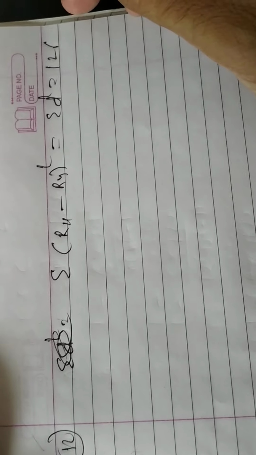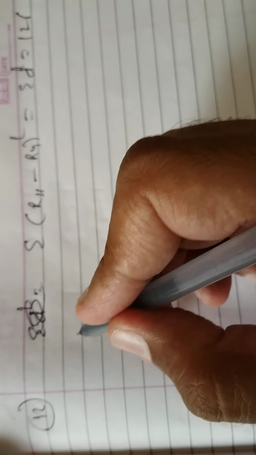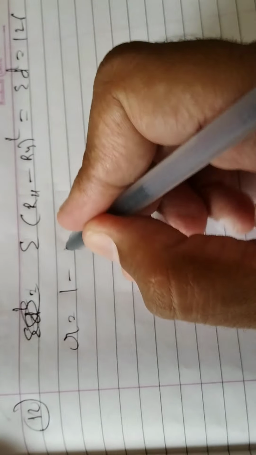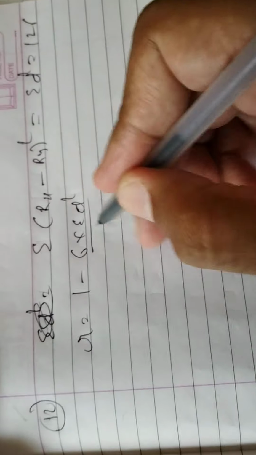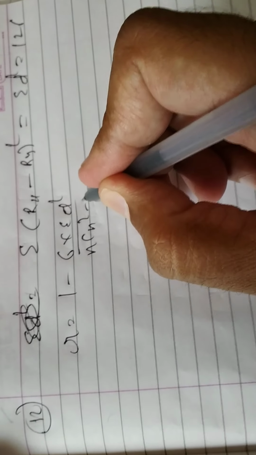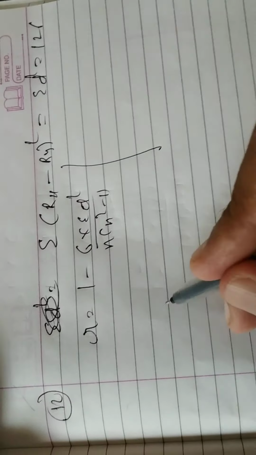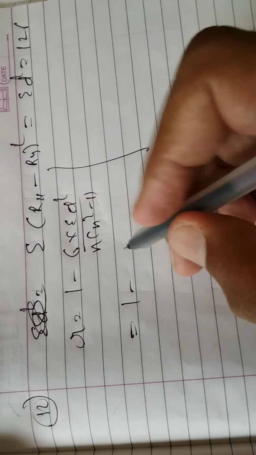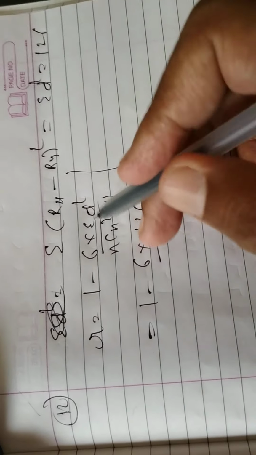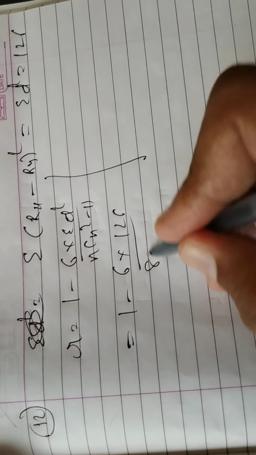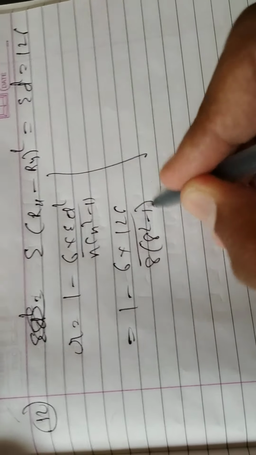That is given. Now just put the formula here. R equals 1 minus 6 into sigma d square divided by n into n square minus 1. So here 1 minus 6 into sigma d square, value is 126, divided by n is 8 here, so 8 into 8 square minus 1.